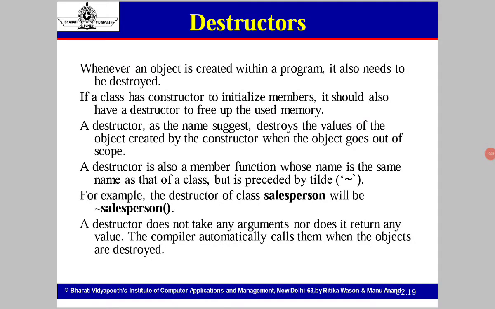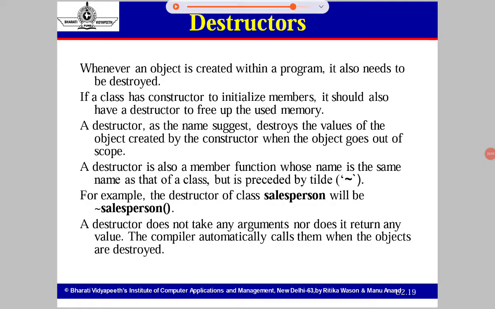Whenever an object is created within a program, it also needs to be destroyed. If a class has a constructor to initialize members, you should also have a destructor to free up the used memory. A destructor, as the name suggests, destroys the values of the object.